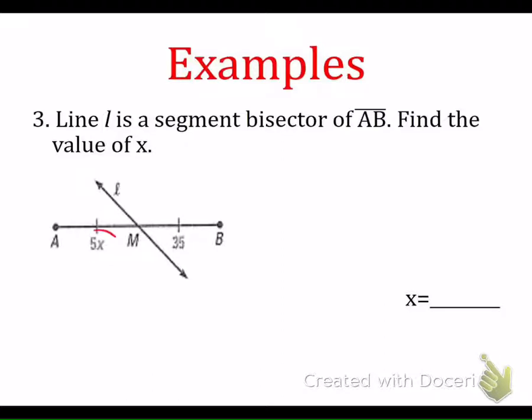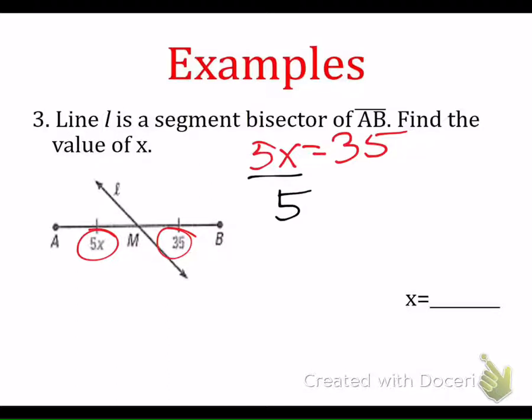Equal is the word I'm going for. So I'm going to make these two equal to one another, and solve the equation to find the value of X. It is 7. You divide both sides by 5, and you get that X equals 7. Very good.